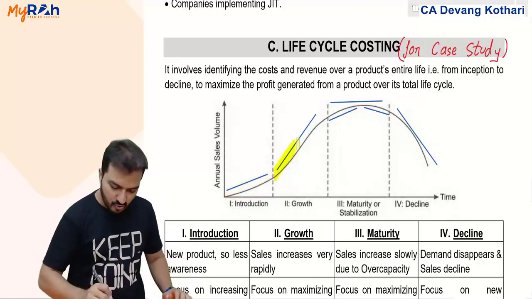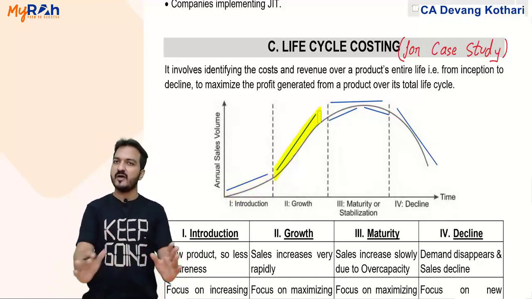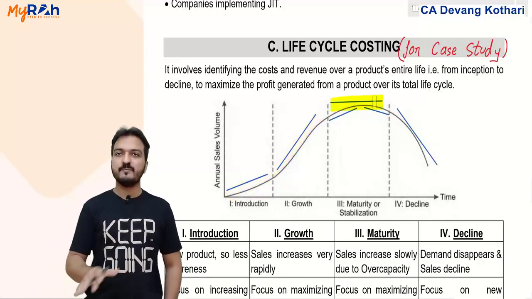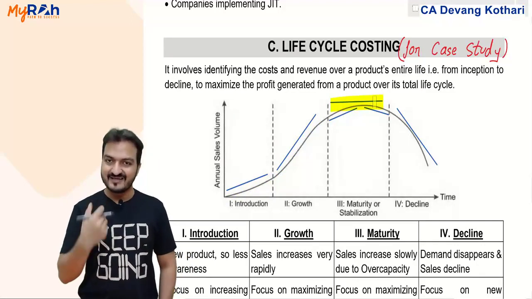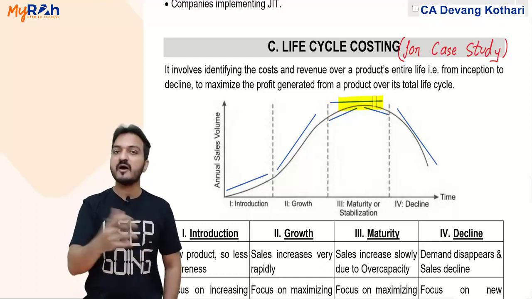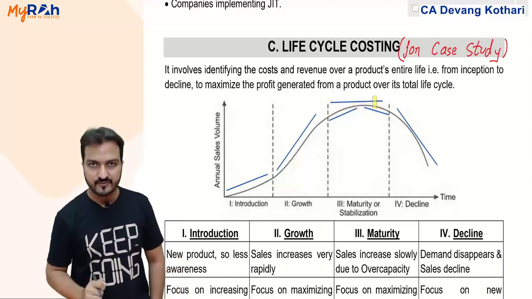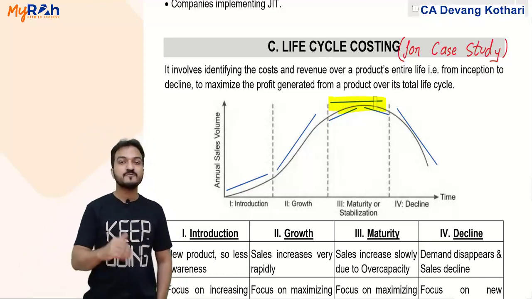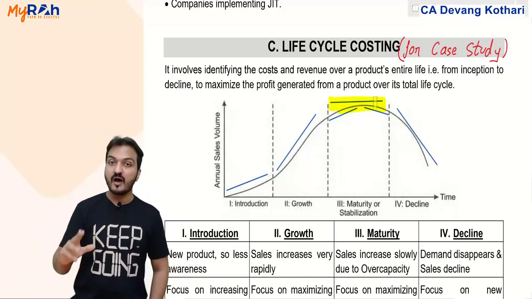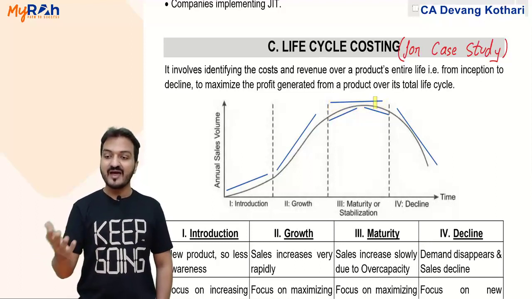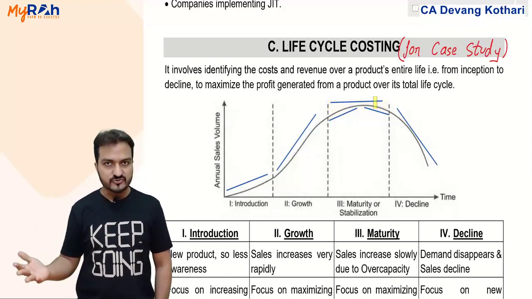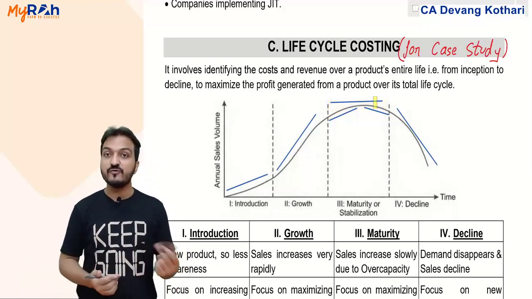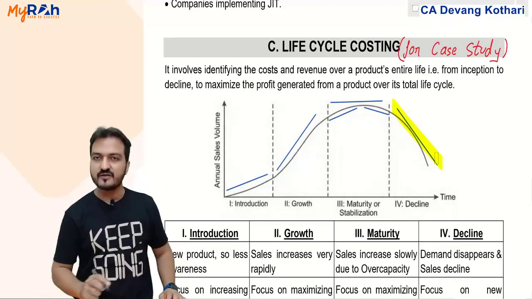Then there came a growth phase where everyone started buying mobile phones. Then there was a maturity phase where the purchase of feature phones was decreasing because smartphones had entered the industry. So during the maturity stage, your sales stops increasing because there are enough competitors and you start getting better products also. And then those better products become more successful, so your product sales starts decreasing.